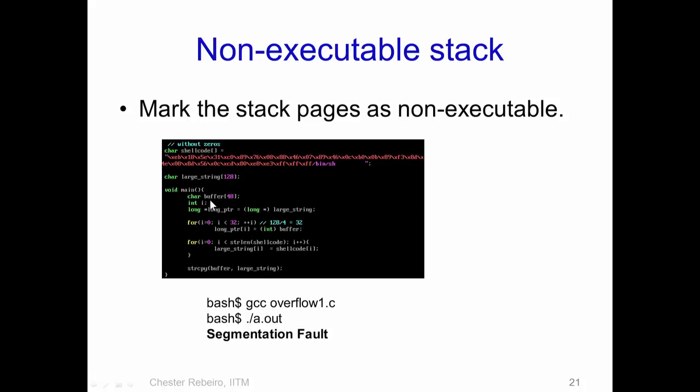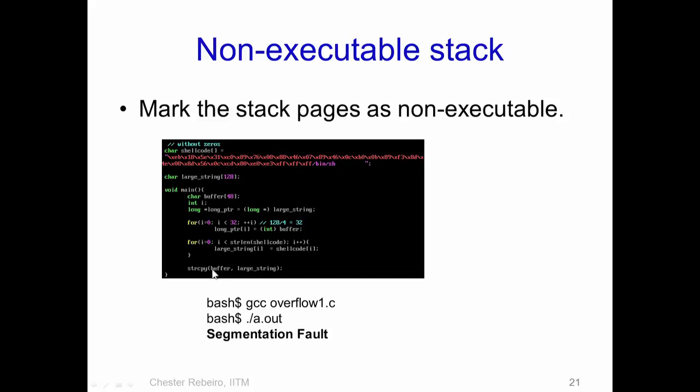For instance, over here this buffer which is defined on the stack also contained the exploit code, and the string copy was executed in such a way that after string copy completed its execution, it would cause the exploit code, that is the shell code which is present on the stack, to be executed. So, one obvious way to prevent this attack is to make the stack pages non-executable. And this is what is done in systems that are used these days.